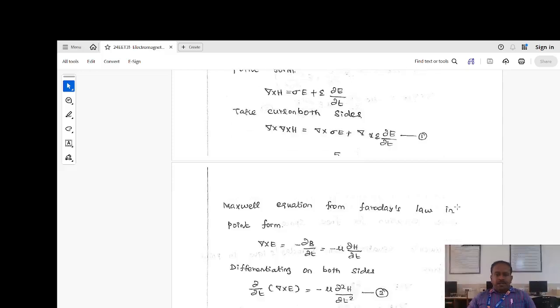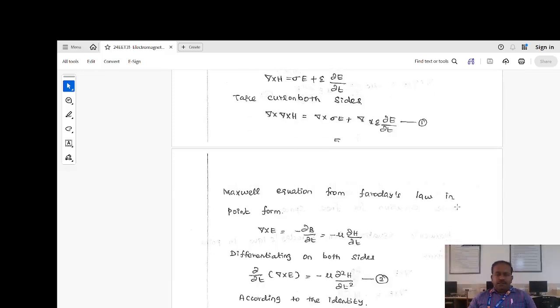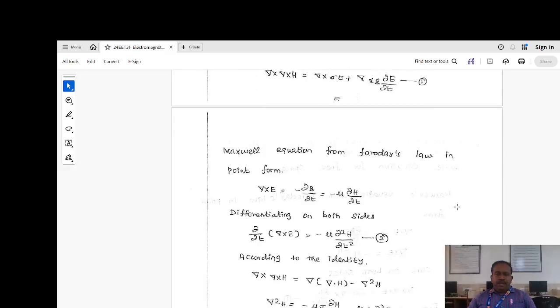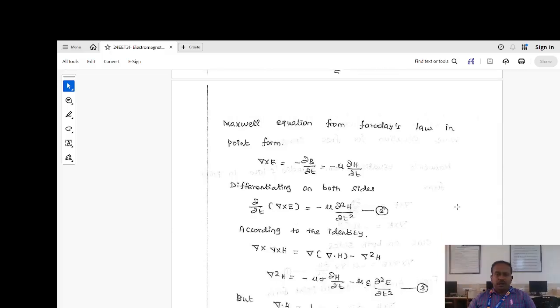Now, from Faraday's law in point form, del cross E equal to minus dou B by dou T, which equals minus mu dou H by dou T. Differentiating on both sides, dou by dou T into del cross E equal to minus mu dou squared H by dou T squared, equation number 2.